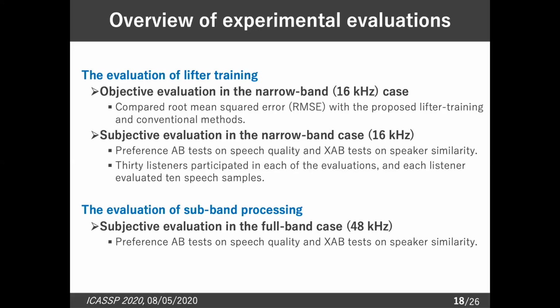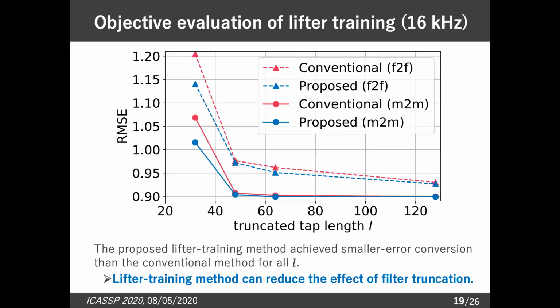In the objective evaluation, we calculated the root mean squared error, or RMSE, by changing the truncated tap length L. As subjective evaluations, we conducted a series of preference A/B tests on speech quality and XAB tests on speaker similarity. 30 listeners participated in each of the evaluations, and each listener evaluated 10 speech samples. Furthermore, we applied the proposed subband processing to full band VC. In this case also, we evaluated the speaker similarity and speech quality in the same way.